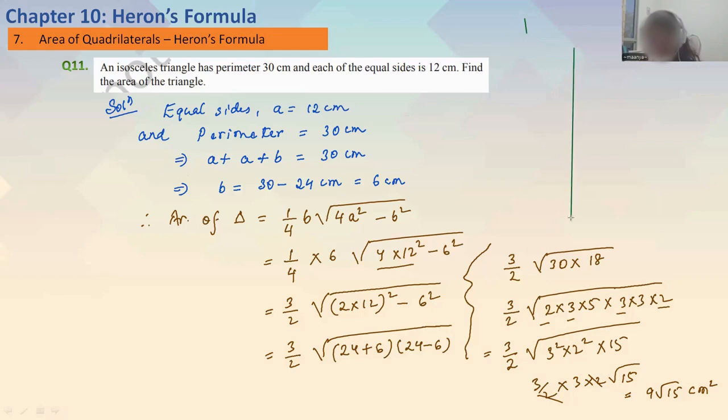So, perfect square, 3 into 3, 9. So we have to find the square root of 15, right? There are just 3 minutes left. Look, Manya, please focus on this. There's 3 minutes left, so we gotta get this done before time.